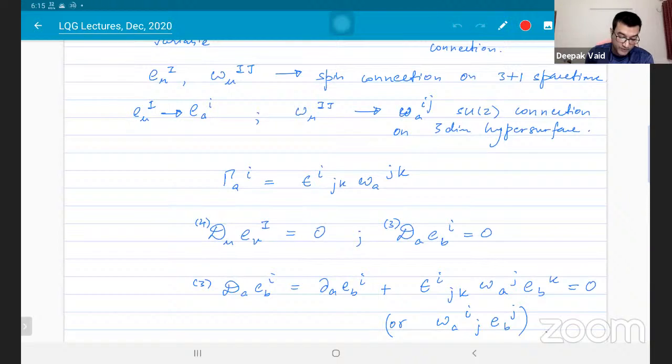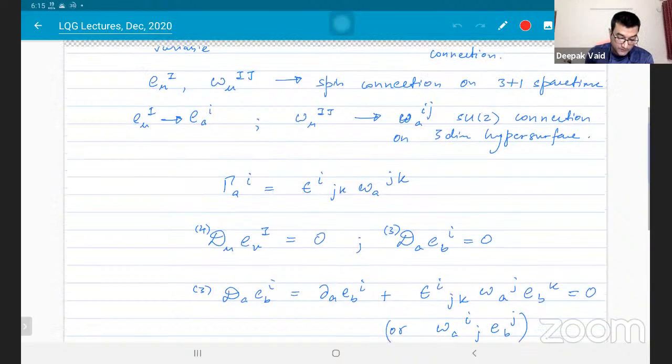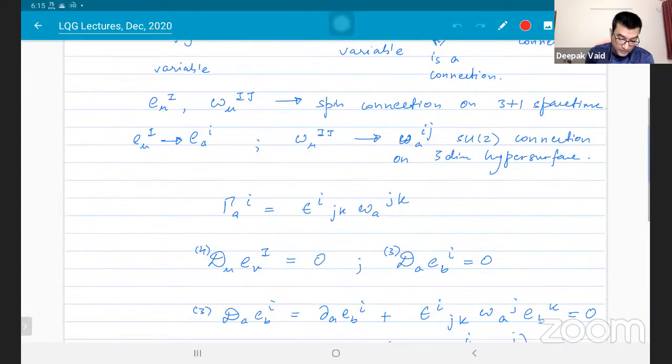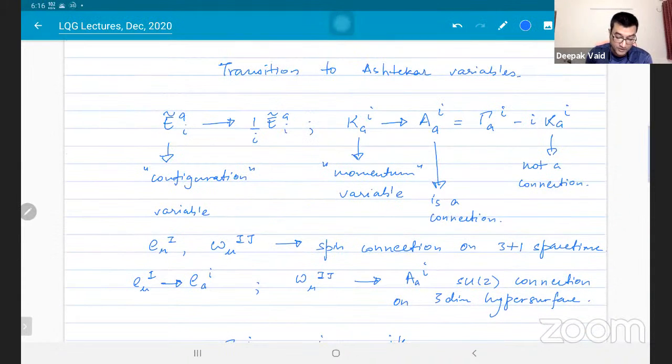So finally, we are left with the following framework. We have a tetrad and a connection on space-time, and when we reduce it all down, instead of omega, I should write this as A^i_a, the Ashtekar connection.